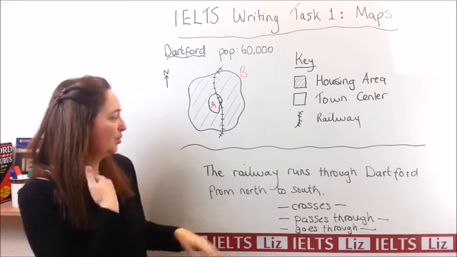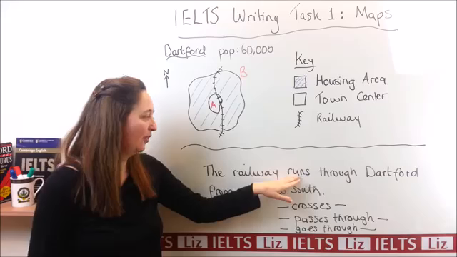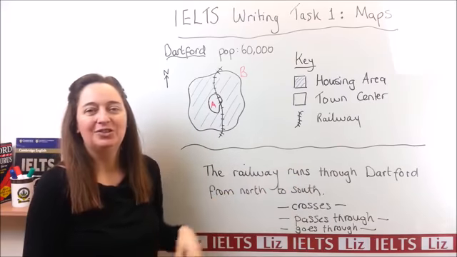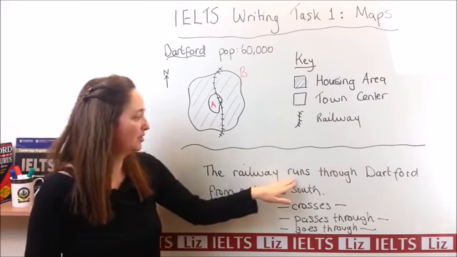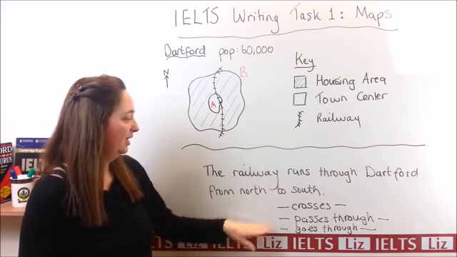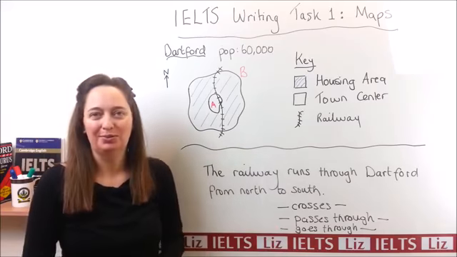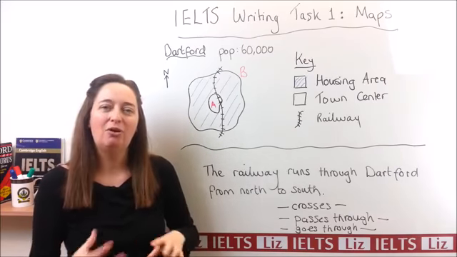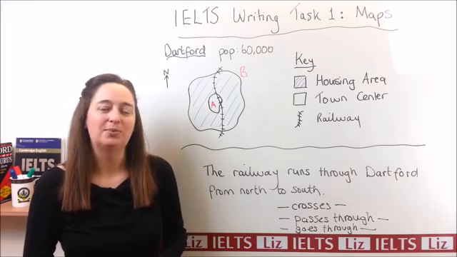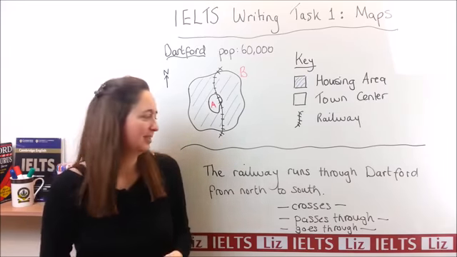And of course, this is all about collocations, which is using the right verb with the noun. So we can say the railway runs through Dartford. We could say it crosses Dartford, it passes through Dartford, or it goes through Dartford. So there are a variety of different verbs that we can use to show the information about railways.